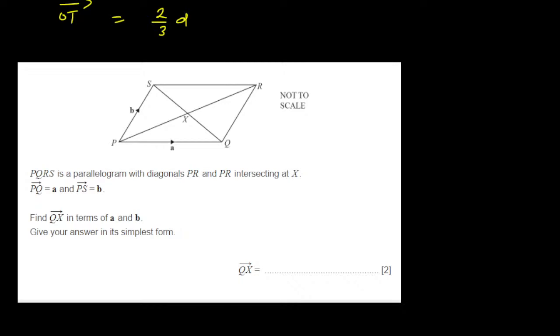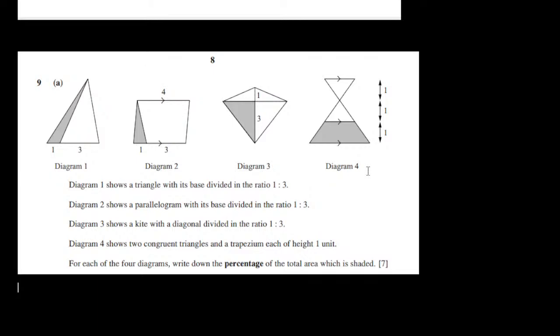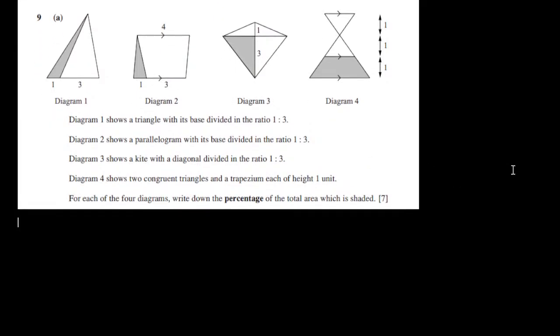So first I will discuss this question. The question here is: diagram 1 shows a triangle with its base divided in ratio 1:3.